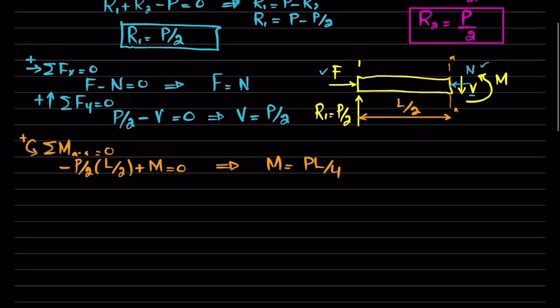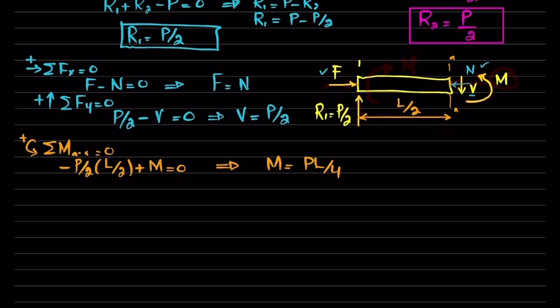Now you can see here that this is the case where we have axial load that is compressive, clear, and we have a moment as well, clear. So due to this moment, again you can see here we will have a bending.